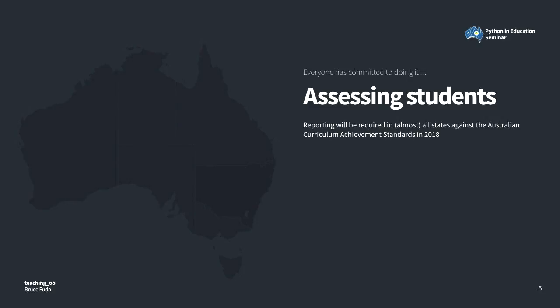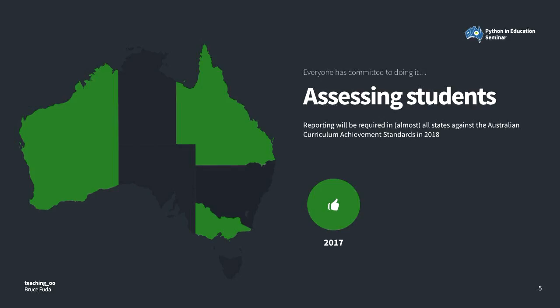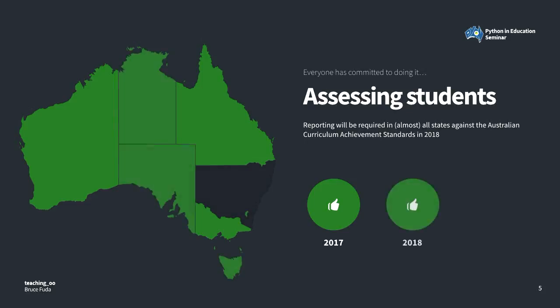But before I do that, I think I'm going to be a little bit more generous than Amanda was this morning. I'm going to give an indication of where different jurisdictions around the country have committed to assessing this curriculum. The good thing about Victoria is you're sort of doing it already, and WA and Queensland have all committed to be assessing this right now in 2017. In 2018, we'll see most of the country reporting on the curriculum formally.